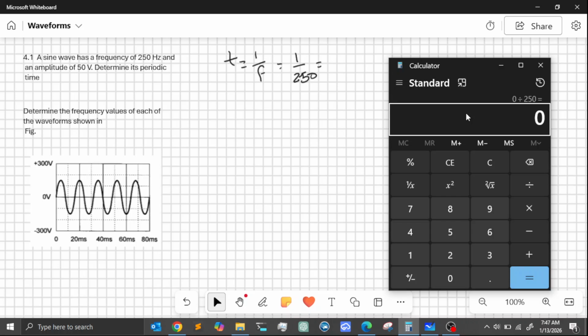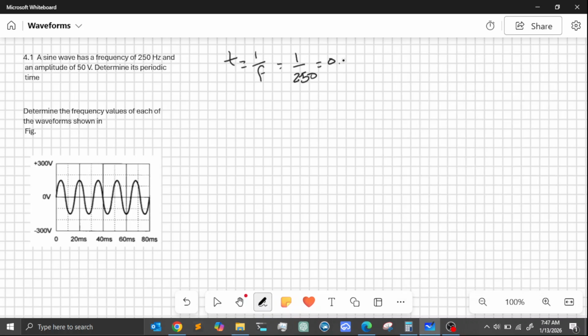And that is equal to 0.004 seconds or 4 milliseconds. All right, so that is the periodic time for that sine wave.